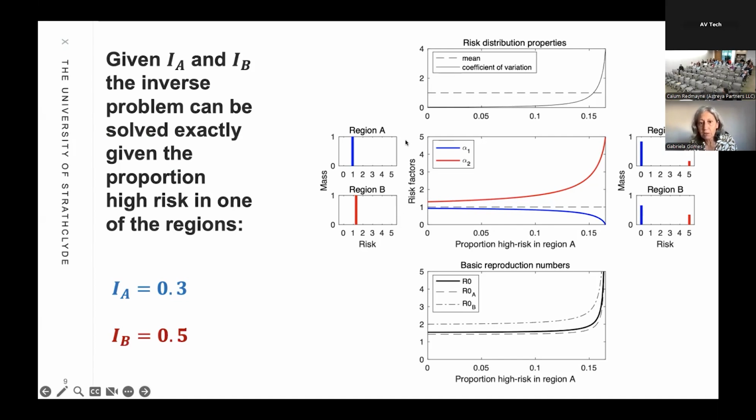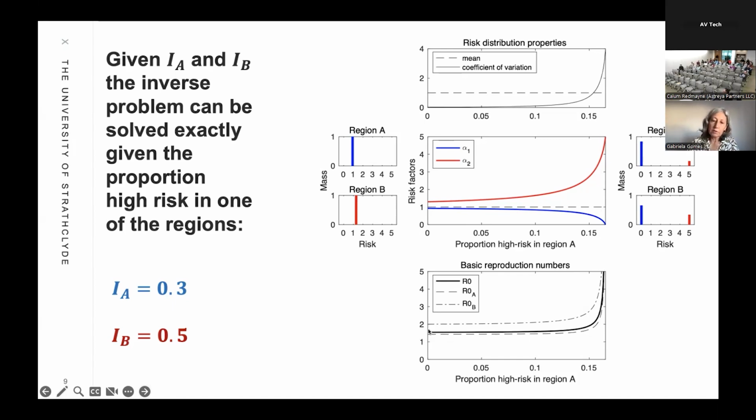So when you have the two homogeneous regions, you estimate the variance to be, at the end, actually zero. These would converge to the same factors alpha 1 and alpha 2, but on the right you get much larger variances, and this is the maximum variance you can get for this setup, and the basic reproduction numbers are much higher.